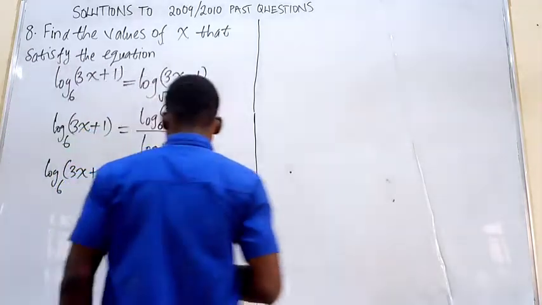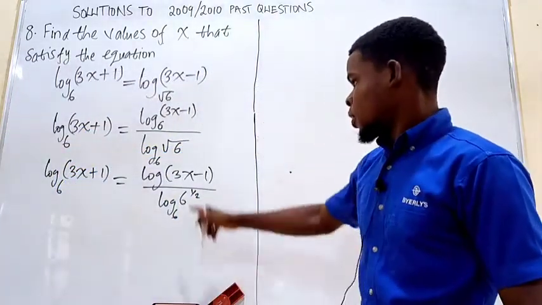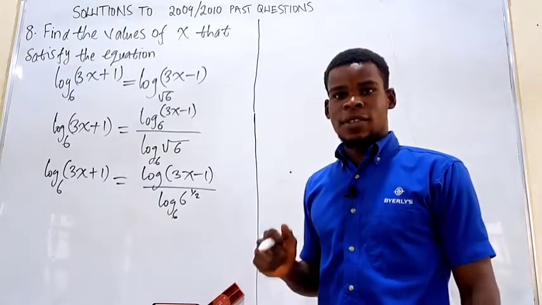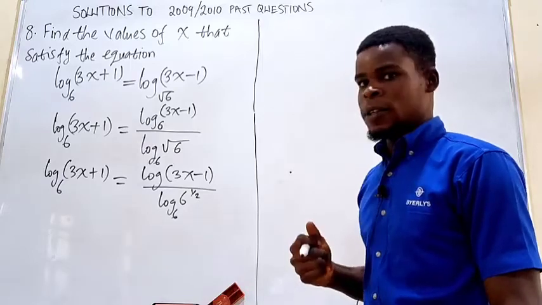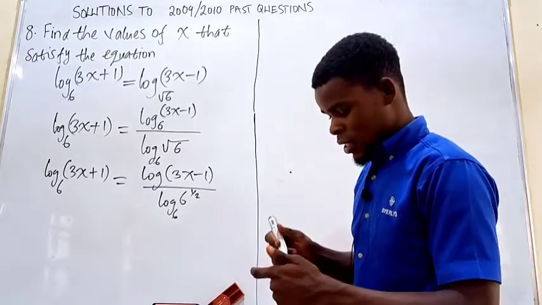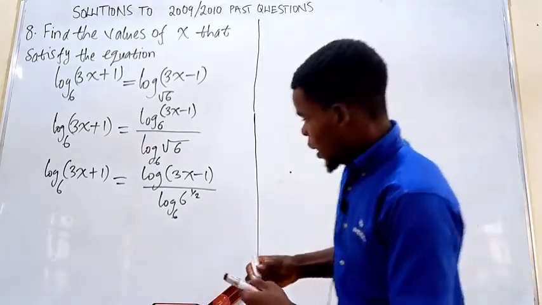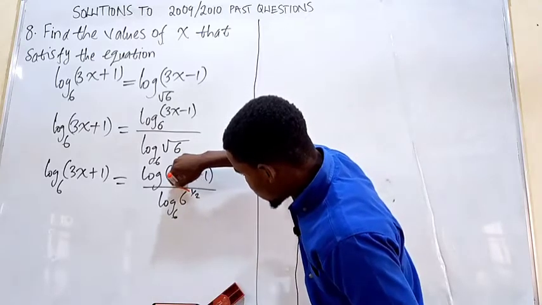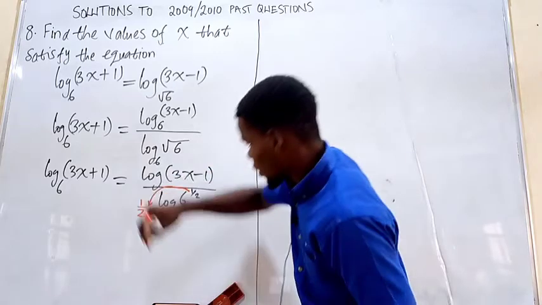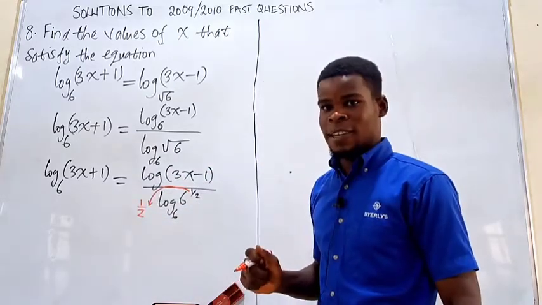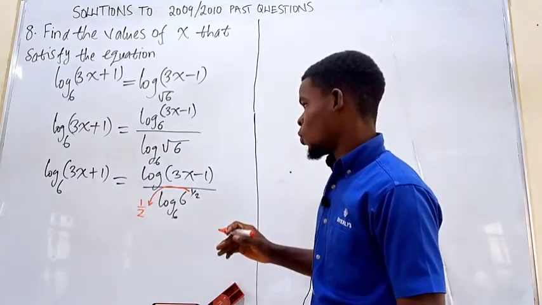You know that's the same thing, because the square root of 6 is just like saying 6 raised to the power 1 over 2. As I've written the 1 over 2 here, I can take it down and put it in front as a constant multiple. That is just what I'm going to do.